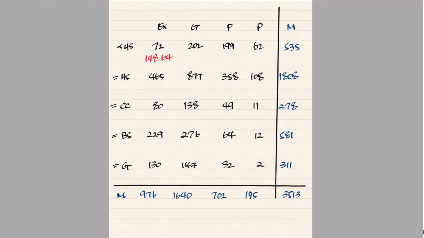So you can see the very beginning of it right here. And where did that value in red come from right there? 148.64. Well, I took 535, I multiplied by 976, and I divided by 3513. And then I rounded it to 2 places.